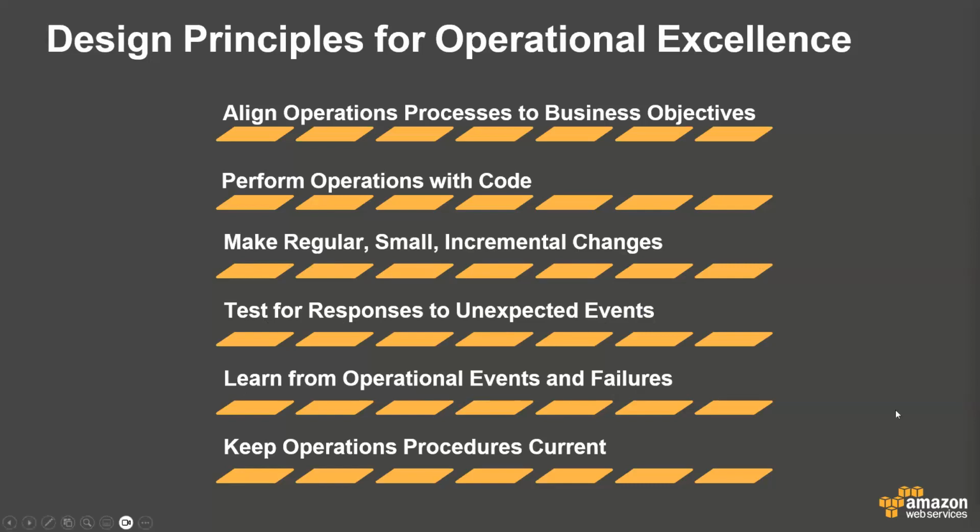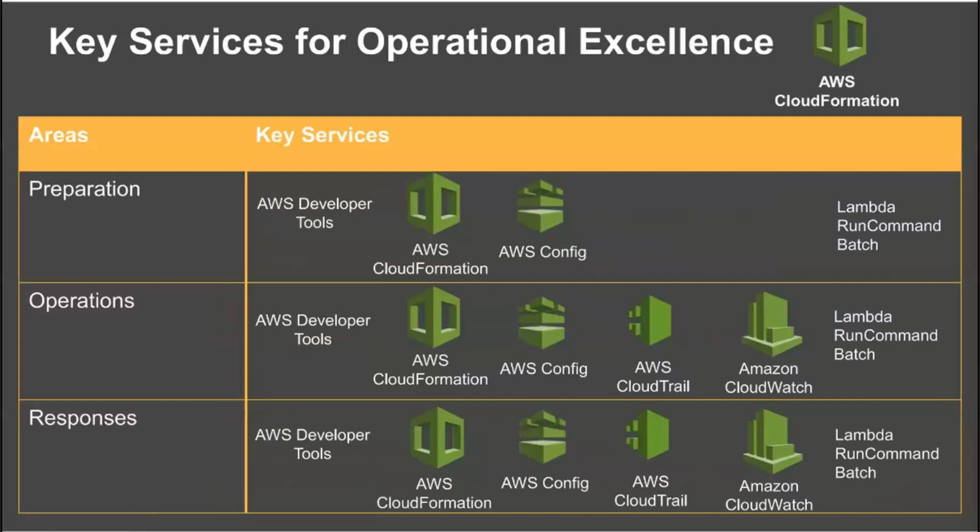So I won't go into further details explaining those design principles, but if we have a look at the services that can enable us in this pillar, we have AWS developer tools using CloudFormation, Config, the likes of CodeBuild, CodeDeploy, and CodeCommit for CI/CD.